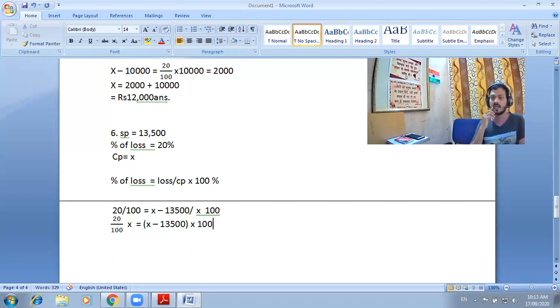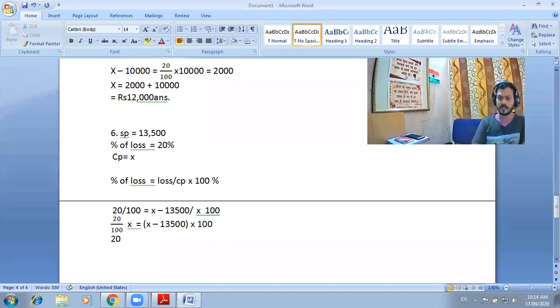So 100 times 100 equals 10,000. Either we can convert it like this, 25 ones are 25, 20 ones are 20, and 25 fives are 100. It is very easy, no problem.